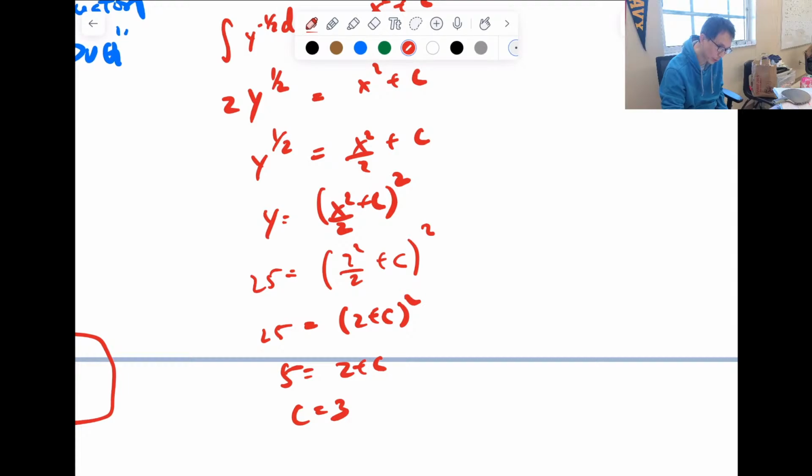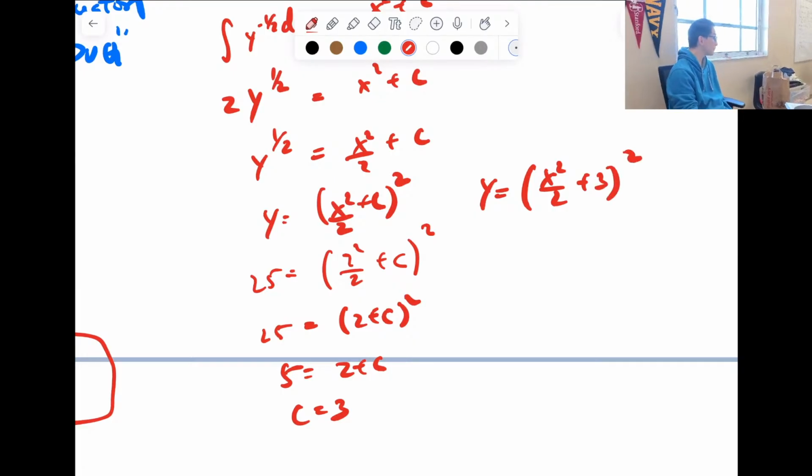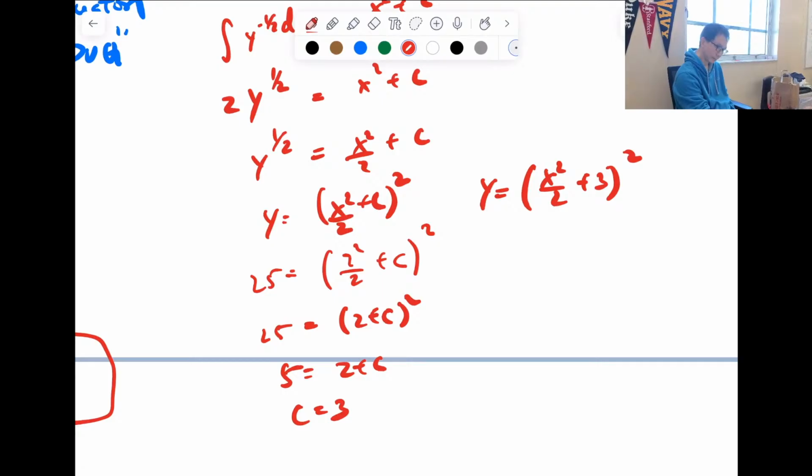So then you can say y is equal to x squared over 2 plus 3, squared. Why did you opt to keep x squared over 2 plus c? Well, I already solved for y. I just need to get the c by itself now. I need to find the c.